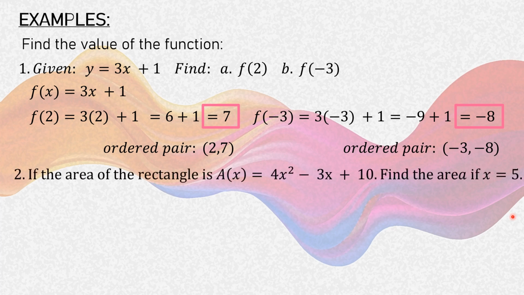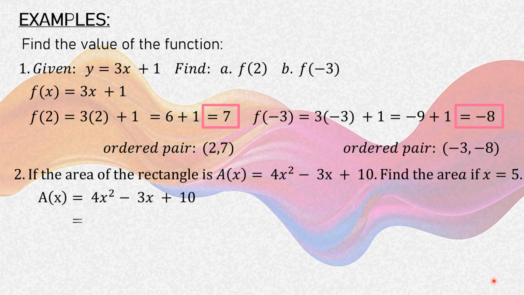Second example, if the area of the rectangle is A of x equals 4x squared minus 3x plus 10, find the area if x equals 5. So, ganun pa rin ang gagawin natin. We will just substitute the value of x, which is 5, to the given equation.